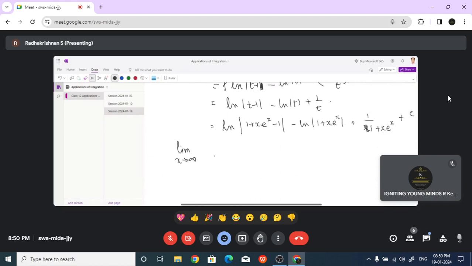This is the integral L. Now we substitute x equal to infinity in this.